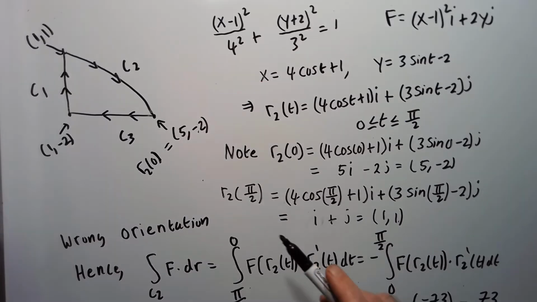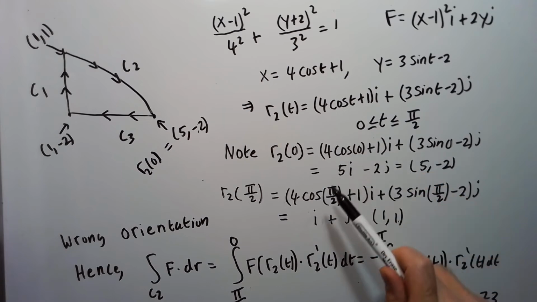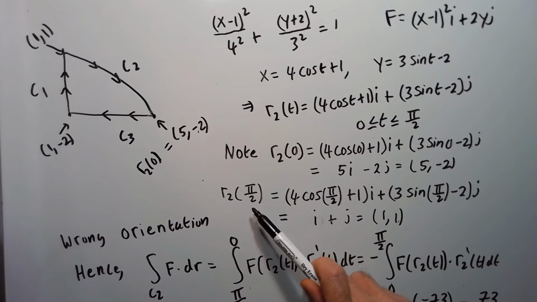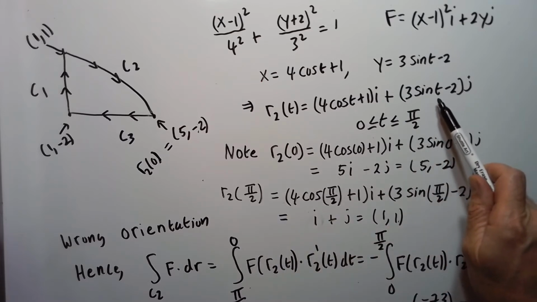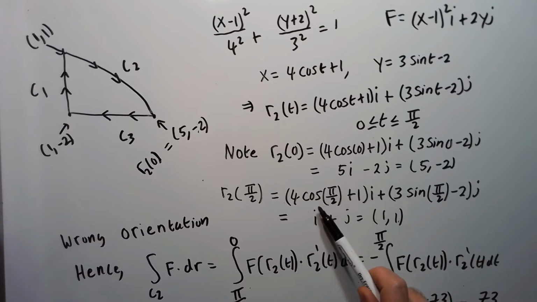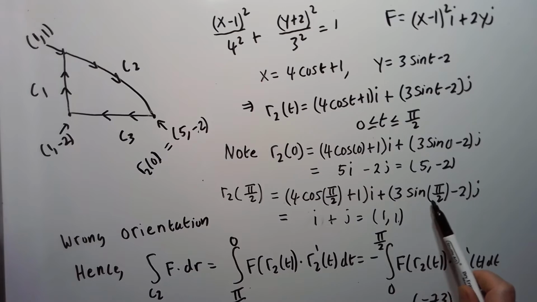And if you stick pi over 2 into my r2 function up here, putting pi over 2 in place of t, you'd have 4 cosine pi over 2 plus 1 in the i component, and in the j component you'd have 3 sine pi over 2 minus 2. Now cosine of pi over 2 is 0, so this just becomes 1 here.